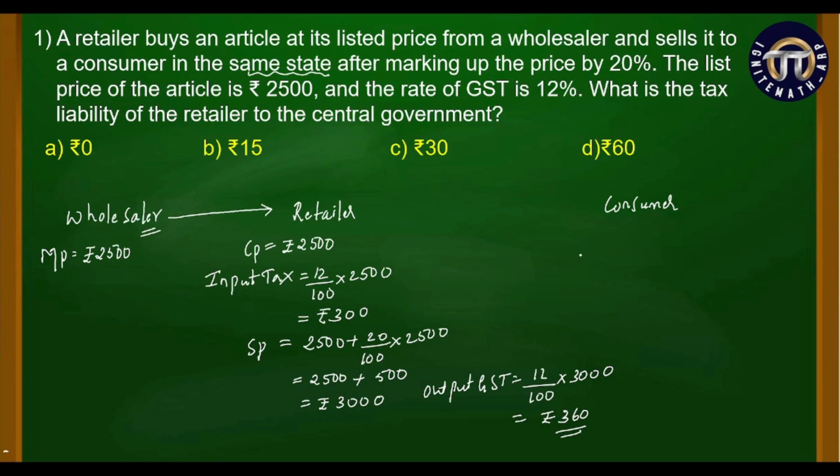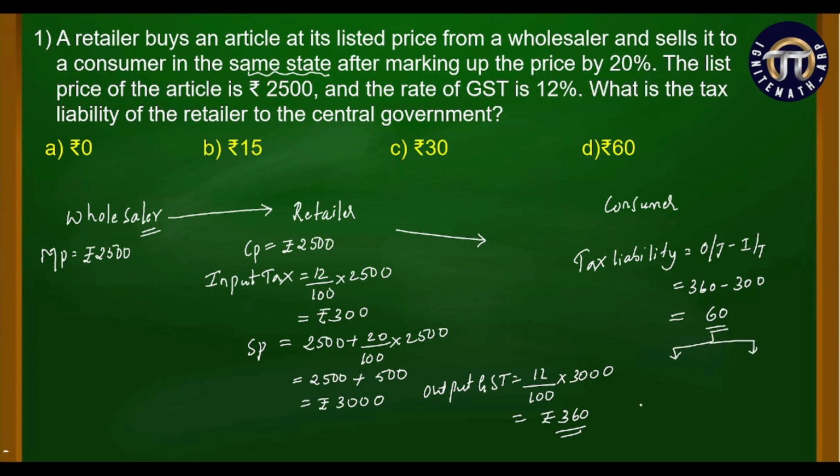Correct. So now what is the tax liability? Tax liability is equal to output tax minus input tax, that is 360 rupees minus 300 rupees, so the tax liability of the retailer is 60 rupees. Of this 60 rupees, 50% goes to the central government and 50% goes to the state government, meaning 30 rupees and 30 rupees. So CGST is 30 rupees and SGST is also 30 rupees. This is the tax liability of the retailer.